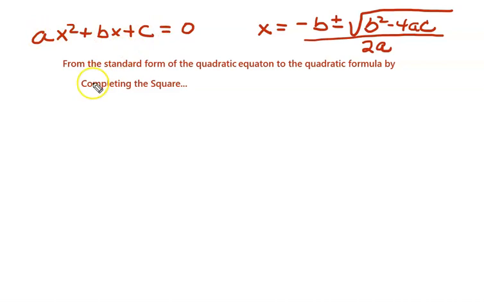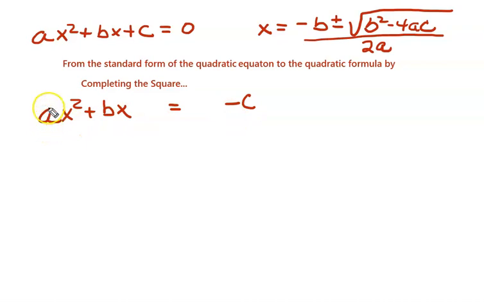In completing the square, the first thing we do is take our c term, which is this term here, and bring it to the other side, just reversing the sign by transposition.